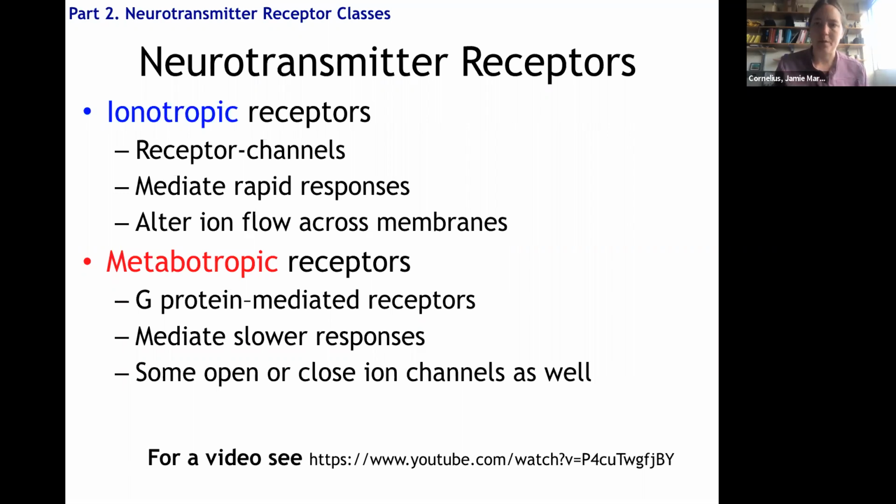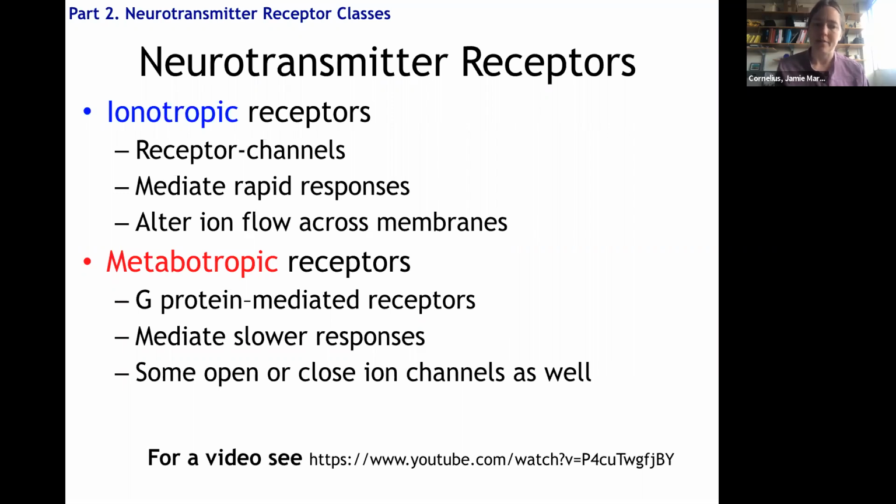Then you have metabotropic receptors, and metabolism there refers to the fact that it involves a protein chain reaction. There are metabolic processes, basically proteins changing proteins. And so these receptors are called G protein linked receptors. Their morphology and their association with other proteins is diagnostic.